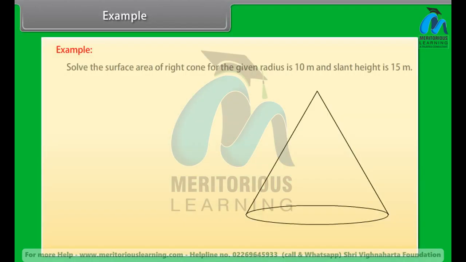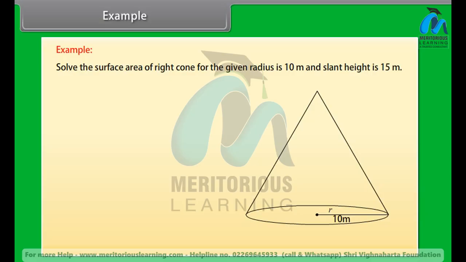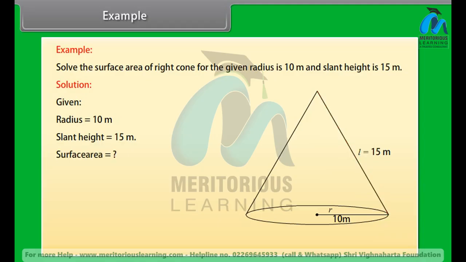Example: solve the surface area of a right circular cone for the given radius of 10 meter and slant height of 15 meter. Solution: radius and slant height, which are 10 and 15 meter respectively, have been given. We have to find the surface area. We know that the surface area of a right circular cone is equal to πr(L + r).